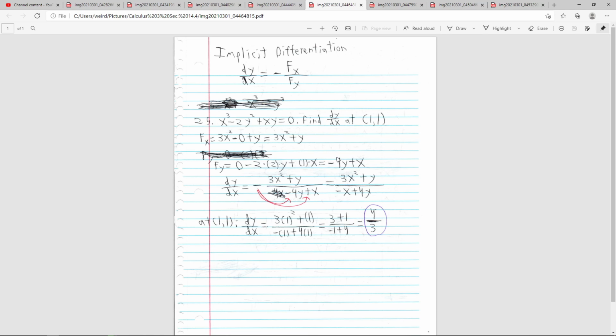So fx is 3x squared plus y, and fy is negative 4y plus x. Then I distributed the negative sign, so it's negative (3x squared plus y) divided by (negative 4y plus x). At 1, 1, you just plug in x equals 1 and y equals 1. You get 4/3.